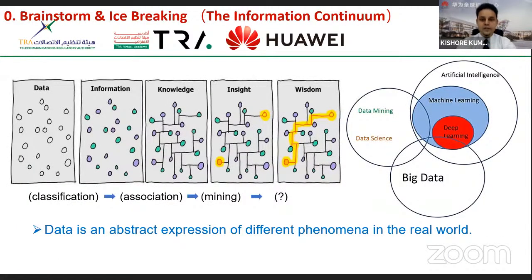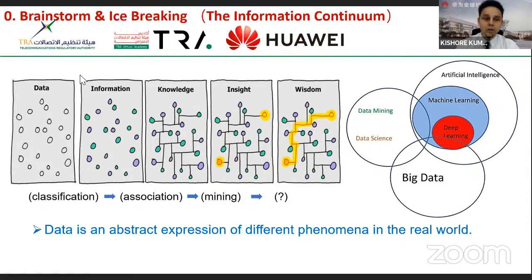Now we're talking about machine learning, feeding a huge amount of data, which we call big data. What is the relationship between big data and artificial intelligence, or at its core, machine learning? Let's have a look. From this slide, we see 5 different rectangles labeling data, information, knowledge, insight, and wisdom.